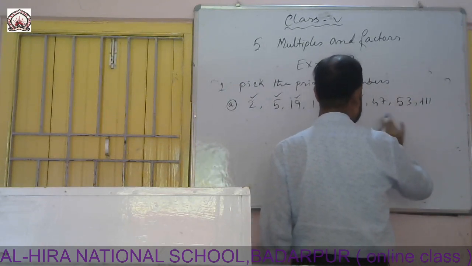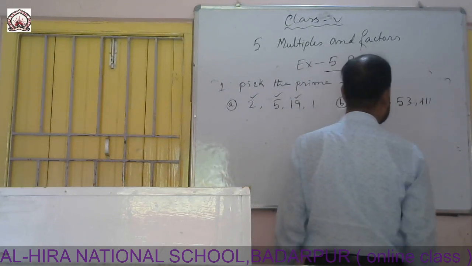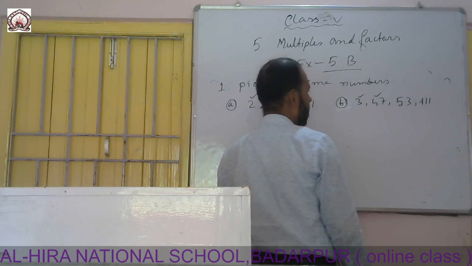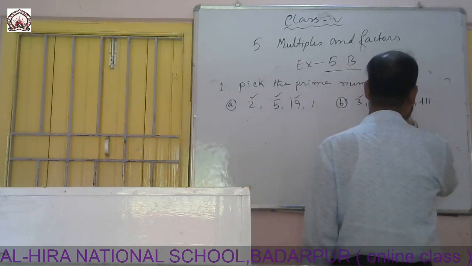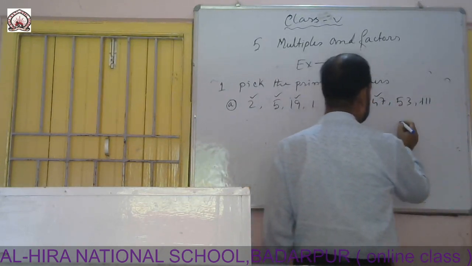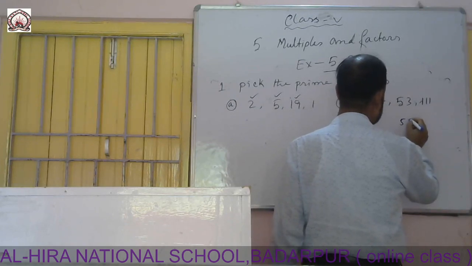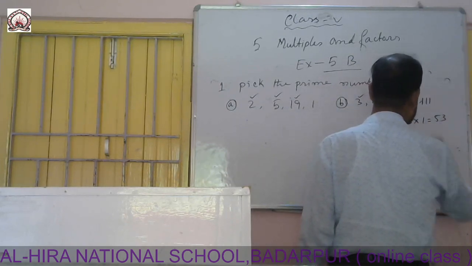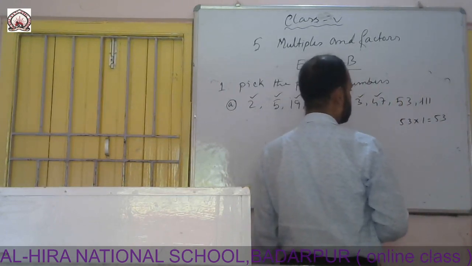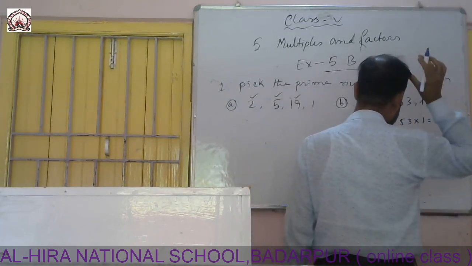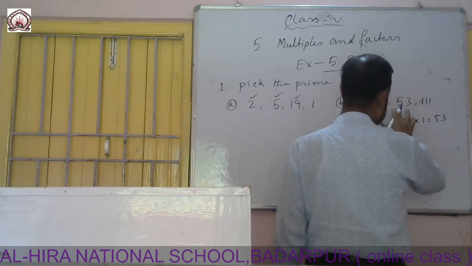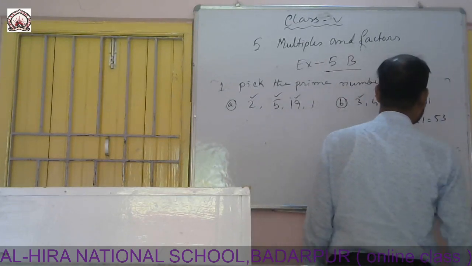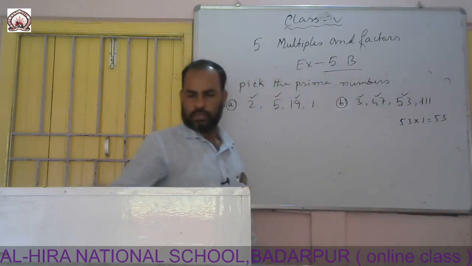Then 47 also has 2 factors, and here 53 we see, 53 into 1 equals 53. 3 does not go, 4 does not go. So 53 also is prime.